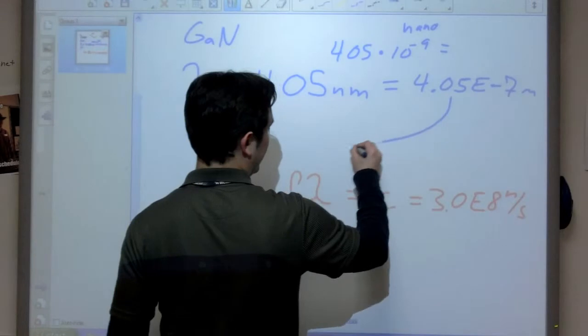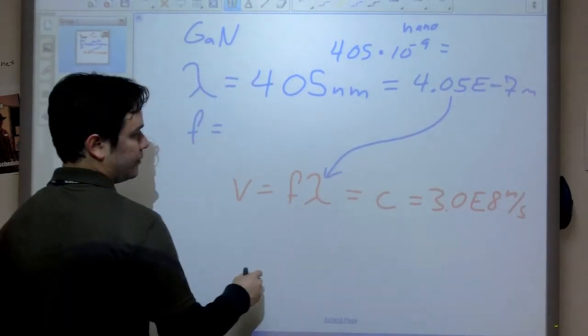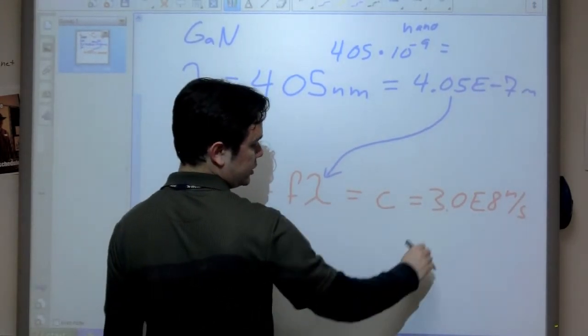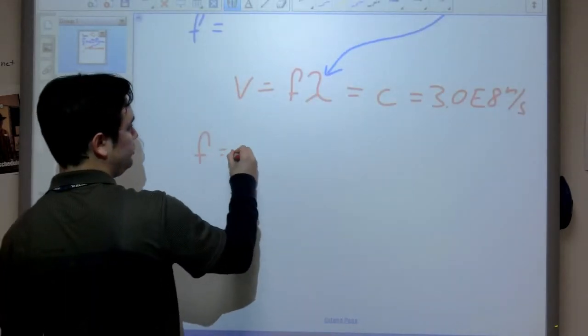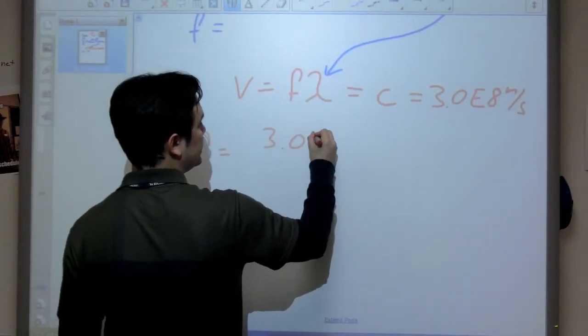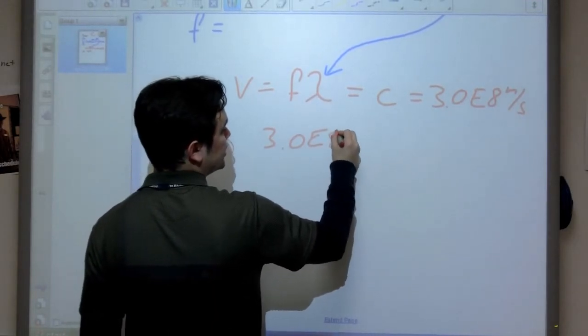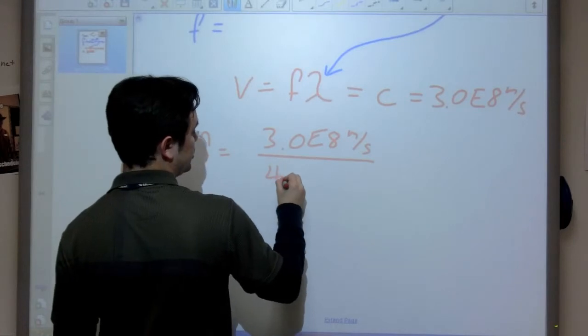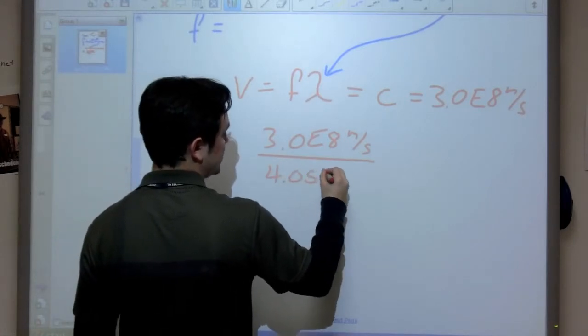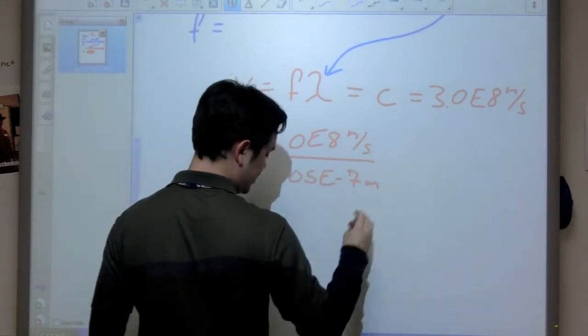That is my wavelength, my lambda, so I'm going to plug that in here. I know my speed, which is the speed of light, and so I'll end up with my frequency equals 3.0 times 10 to the 8th meters per second divided by my wavelength, which was 4.05 times 10 to the negative 7 meters.